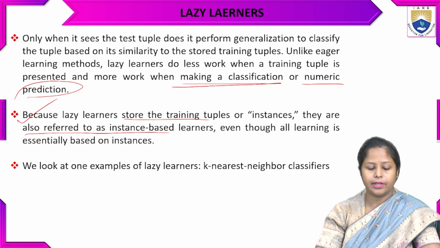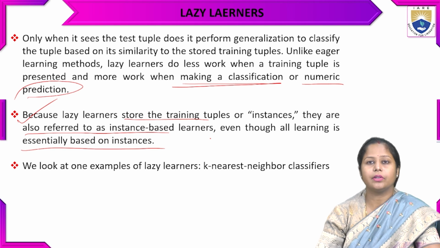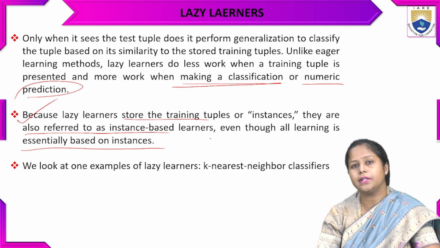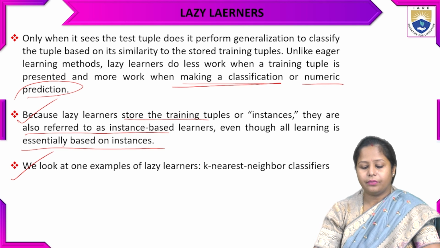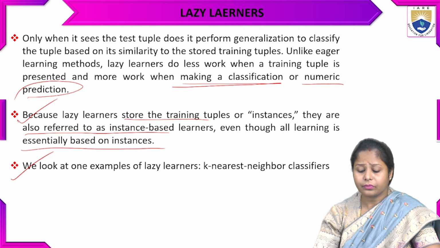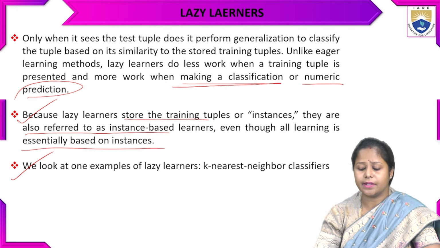All the learning is essentially based on the instances. We looked at one example of lazy learners in the earlier slides, K nearest neighbor classifiers. So that was all about some of the methods of classification.